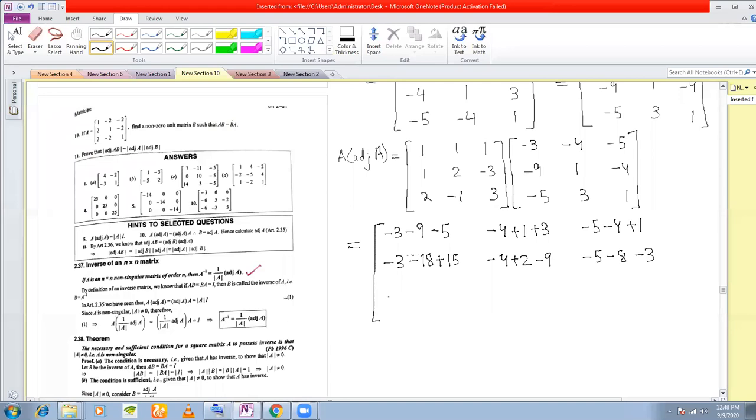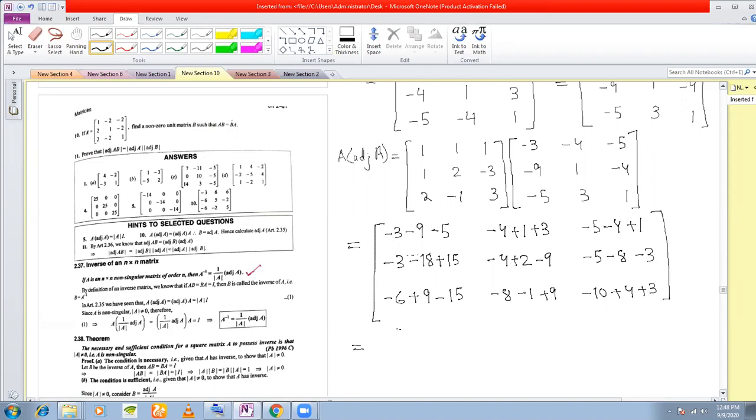Next, third row, first column: minus 6, plus 9, minus 15. Next, third row, second column: minus 8, plus 1, plus 9. And then you have minus 10. Third row, third column: minus 10, plus 4, plus 3.